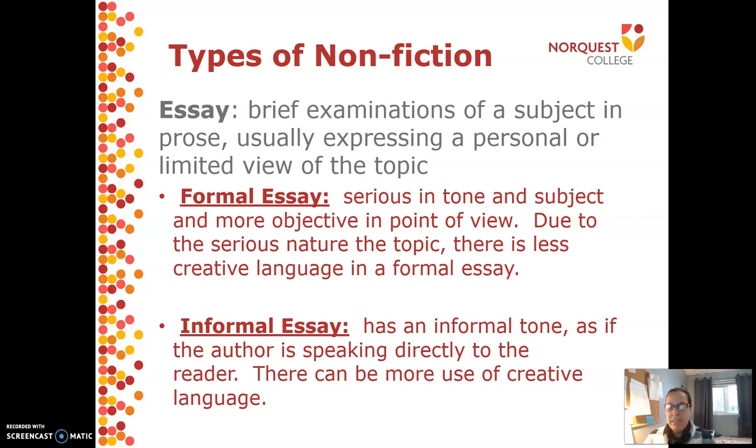Formal essays are more serious in tone and subject and have a more objective point of view, which means personal opinion is hopefully pulled out a little bit. Due to the serious nature of the topic, there's much less creative language in a formal essay. We use more formal language. An informal essay has an informal tone, as the author is usually speaking directly to the reader, and there can be a little bit more use of creative language here.